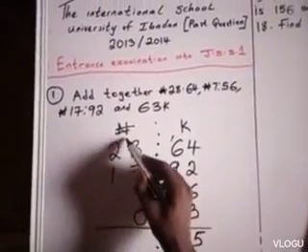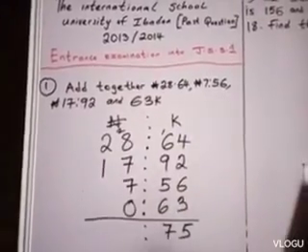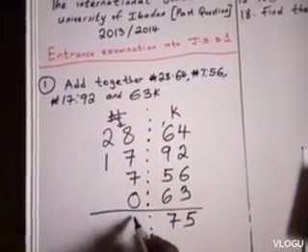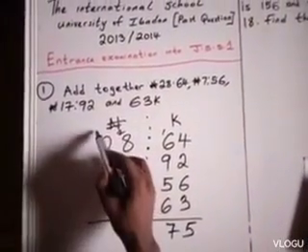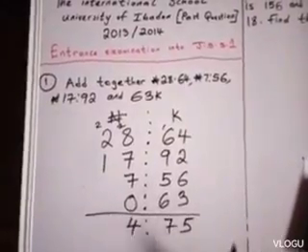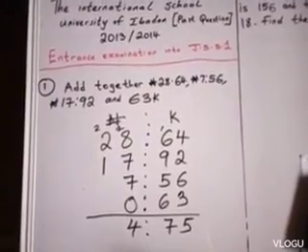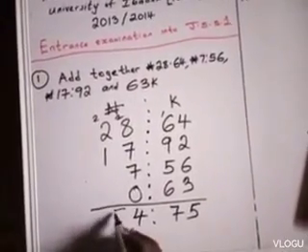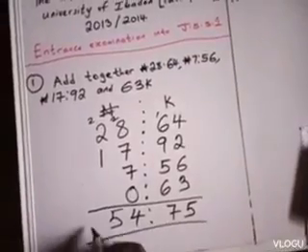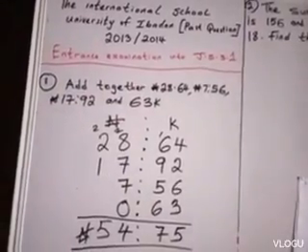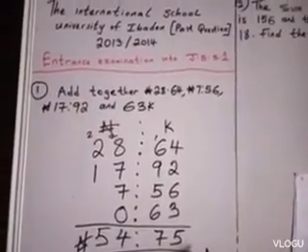So I'm keeping the 2 here. 2 plus 8, 10. 10 plus 7, 17. 17 plus 7, 24. I'm going to keep the 2, which is 20. But let's move on. 2 plus 2, 4. 4 plus 1, 5. So the answer we derive here is 54 naira 75 kobo.